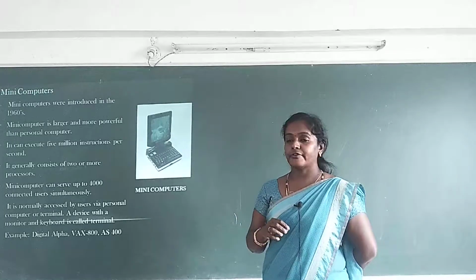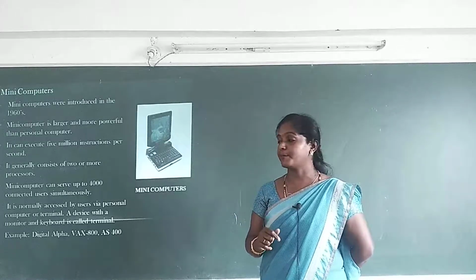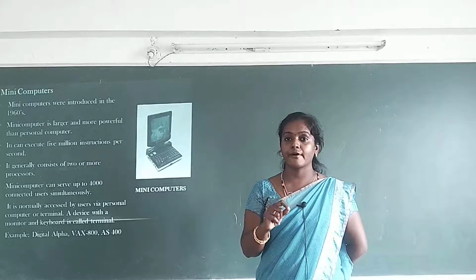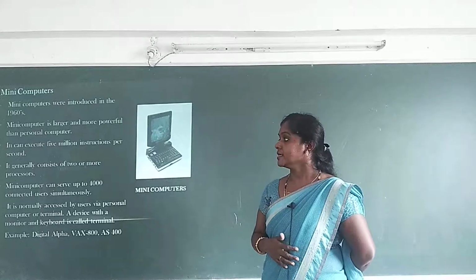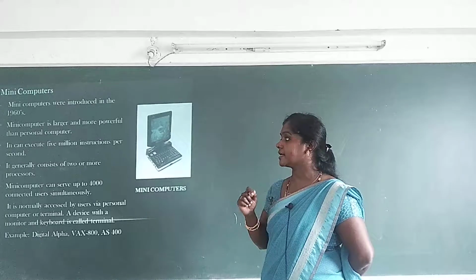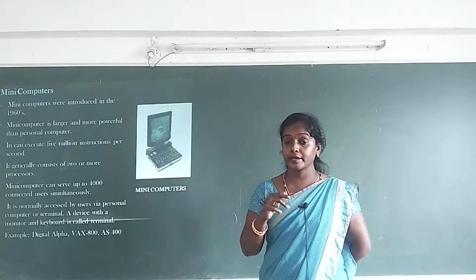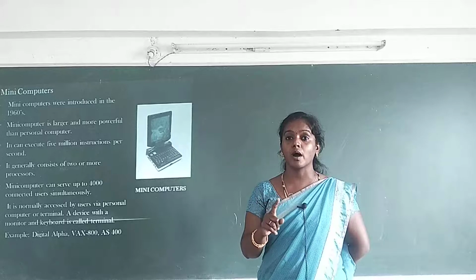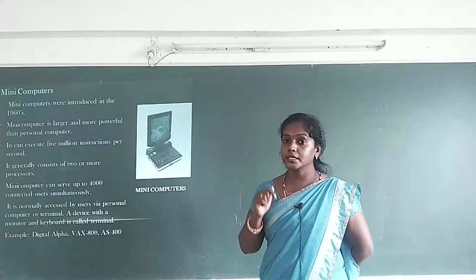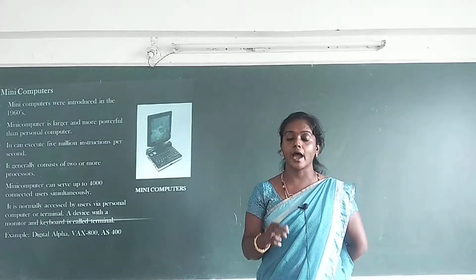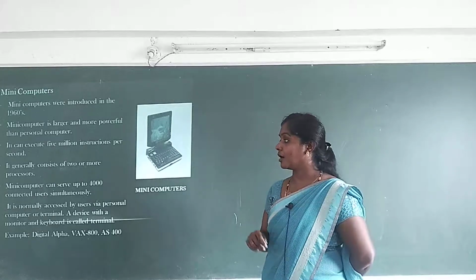It can execute 5 million instructions per second. It generally consists of 2 or more processors. In microcomputers, there were only 1 or 2 processors. Here in mini computers, we have 2 or more processors.